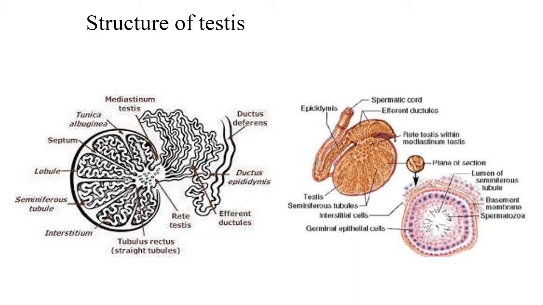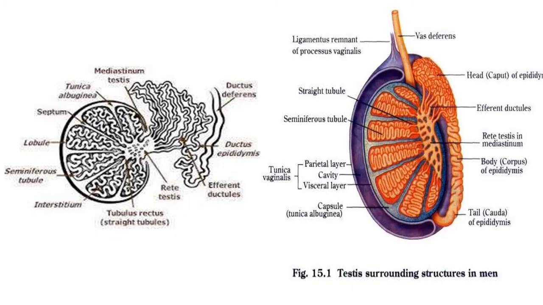The seminiferous tubules join to form 20 to 30 straight tubules at the structure called rete testis. This rete testis is a network of tubules located in the hilum of the testicle that carries the sperm from the seminiferous tubules to the efferent ducts.